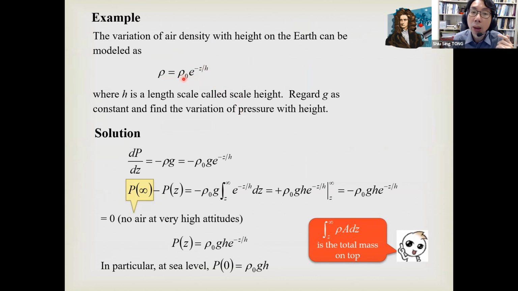In this model, the density at z equal to 0 is equal to rho naught, and when I go up to a larger z, the density decays exponentially with this exponential factor e to the power minus z over H. And H obviously carries a dimension of length, and this is usually called the scale height.